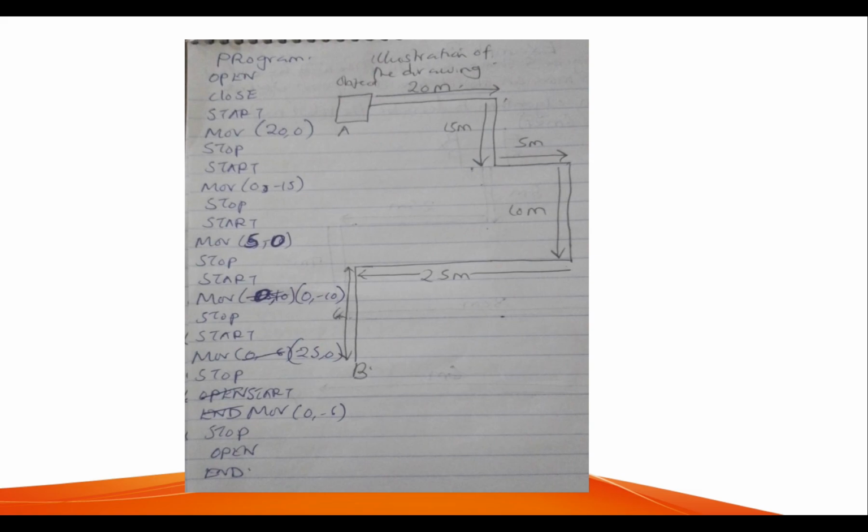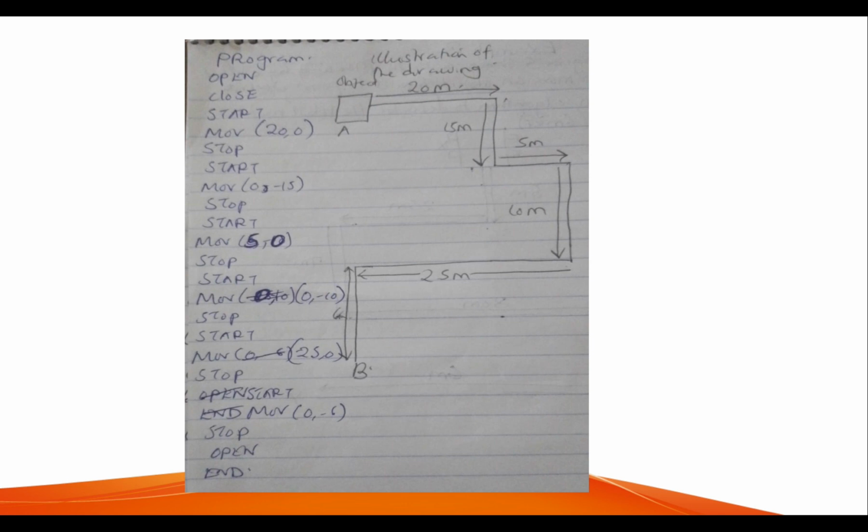Then you have to stop, start again, move 0, negative 6. So 0, negative 6 means the x-axis has not been affected, it's at 0. The y-axis is at negative 6.